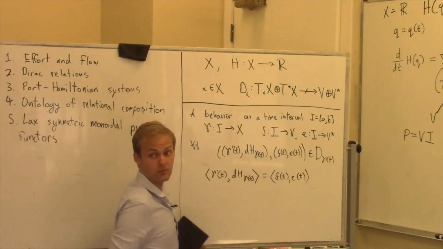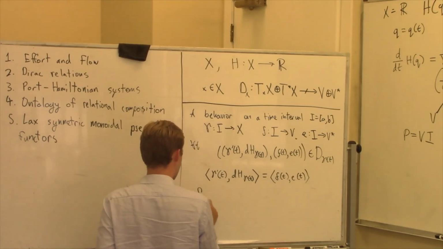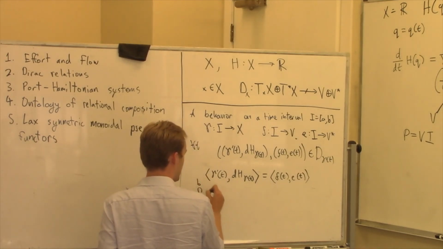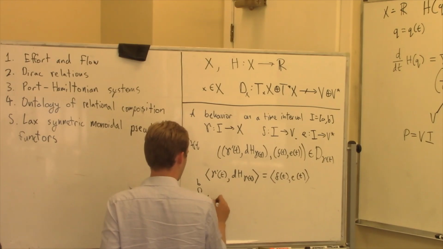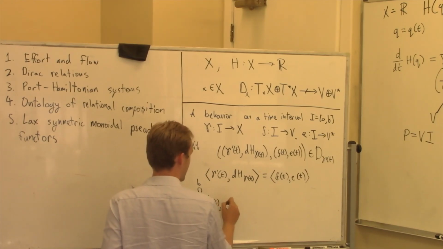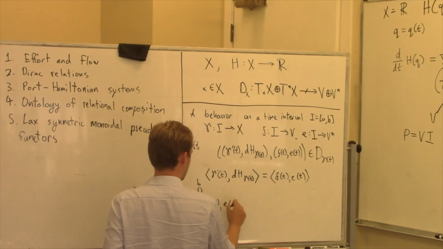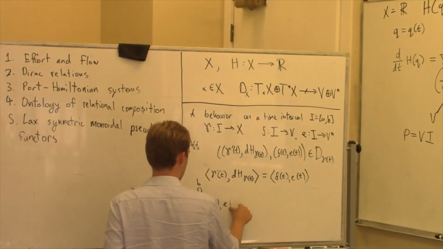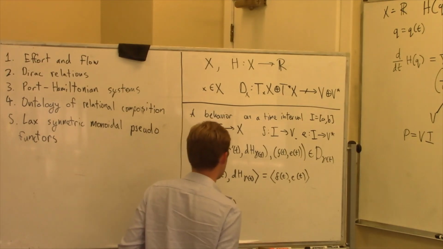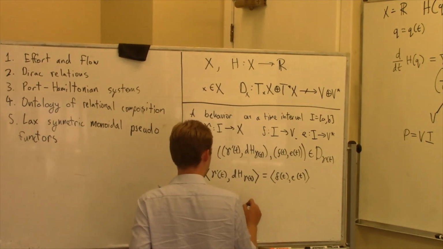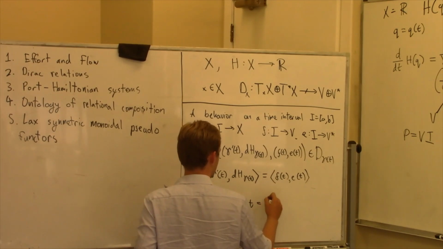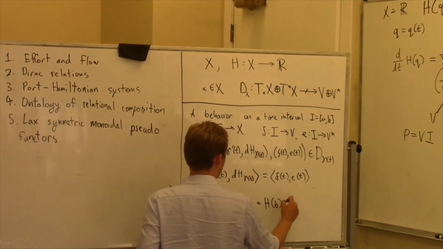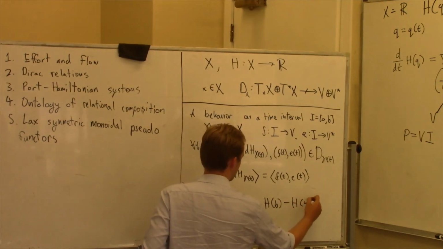But these are equal. So we can integrate from A to B f of t e of t dt equals H of b minus H of a.